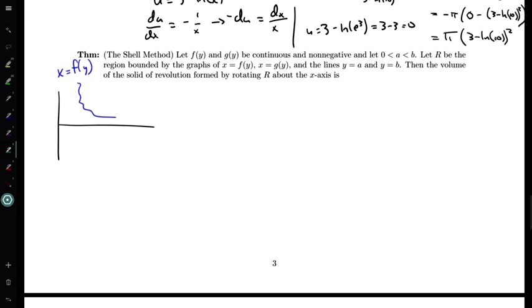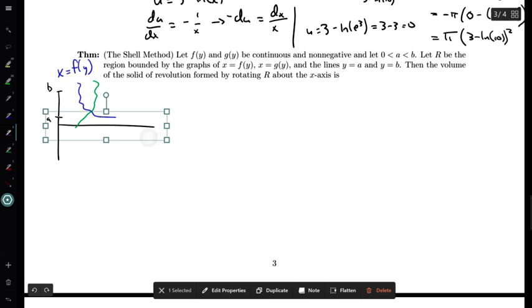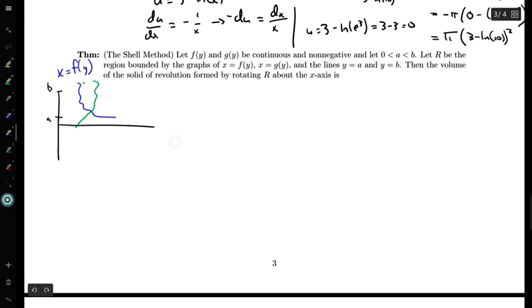Likewise, we have some other function, g of y, maybe it looks like this. And we have some a value and some b value, where a is positive, b is positive, and b is the bigger value. The region R that we're looking at is the region formed between these curves, a horizontal section between the y values of a and b.